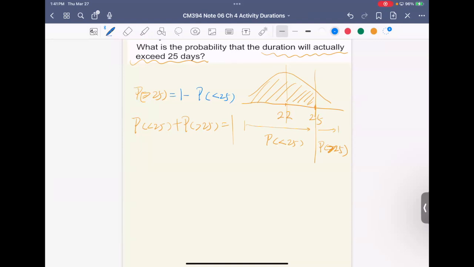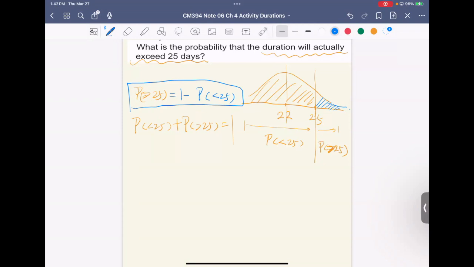So this part is this. The whole area is 1. If you remove the yellow part, then the blue part is the one you're going to find. The blue part means it's more than 25. P is probability, and more than 25 is duration more than 25. So does that make sense?